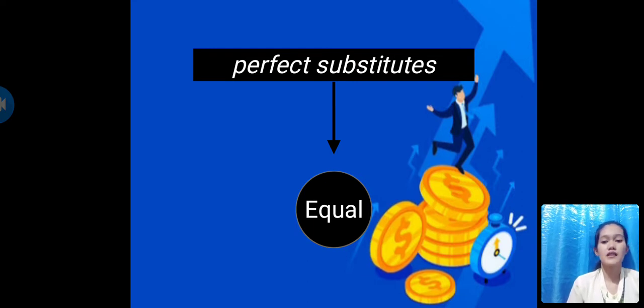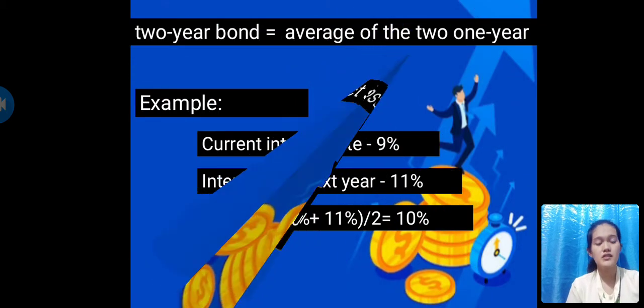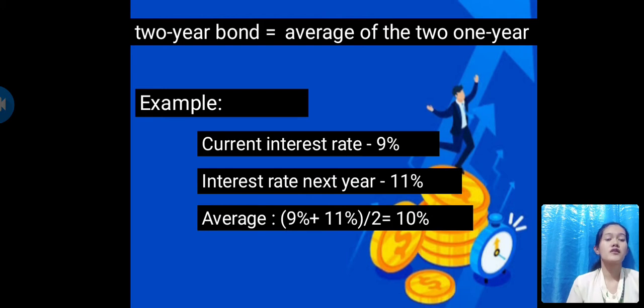This means that if bonds with different maturities are perfect substitutes, the expected return on these bonds must be equal. In other words, the 2-year bond rate must equal the average of the two 1-year interest rates.